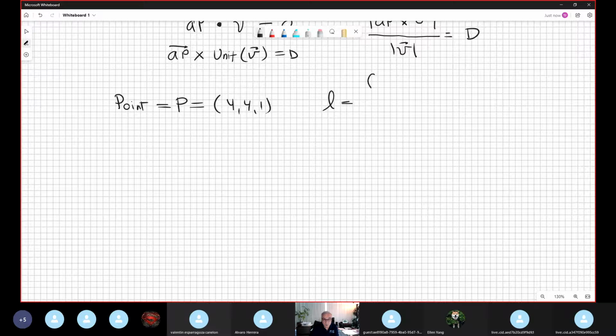Of course, it is given by the parametric equation, no? x is equal to 2t plus 1, y is equal to minus t plus 7, and z is equal to 8t plus 5. As always, this line is infinite in both directions. t is from negative infinity to positive infinity. This is the domain.